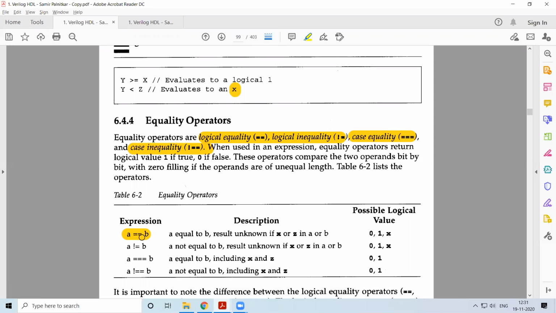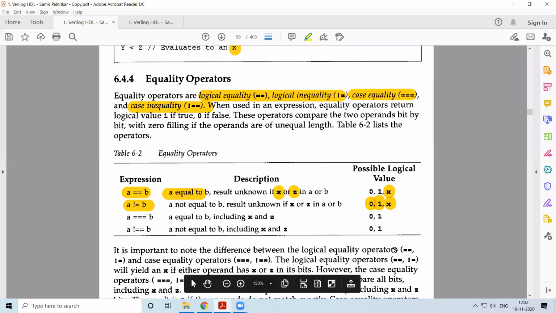This is logical equality. If a and b are equal in terms of zeros and ones, but if there are x or z values in a or b, then that expression evaluates to x, that is an ambiguous value. Similarly, for a not equal to b, it will be either true, false, or the ambiguous value.